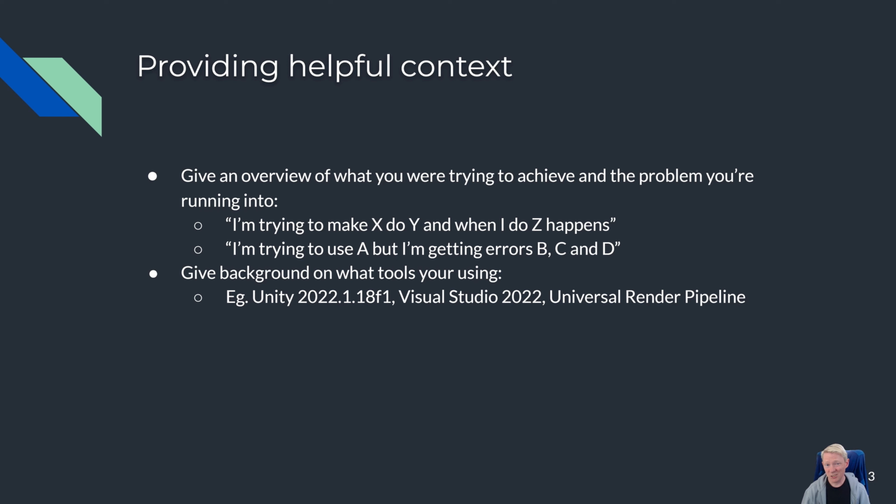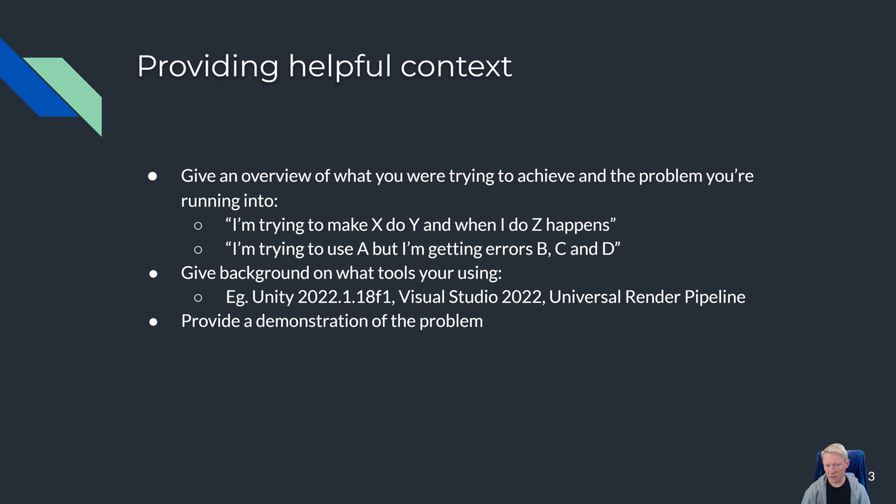If it was a visual issue, I would also include things like what operating system you are running on, what graphics card you have, and what version of drivers you have. Giving extra context there is particularly helpful. It lets people interpret the problems differently.